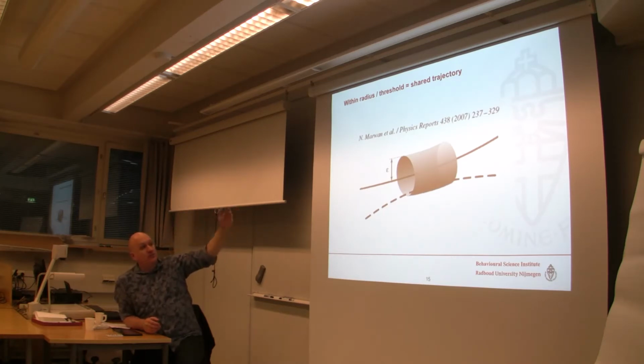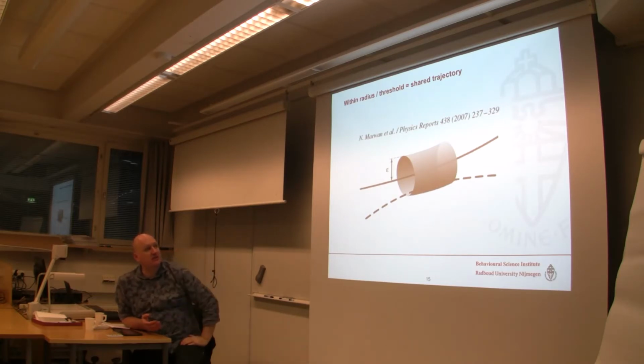So the recurrent points then become: do at some point in time these two trajectories overlap? Are they synchronizing? Are they doing the same thing at some point in time? So this analysis, the cross-recurrence analysis, is used very often to study synchronization behavior.